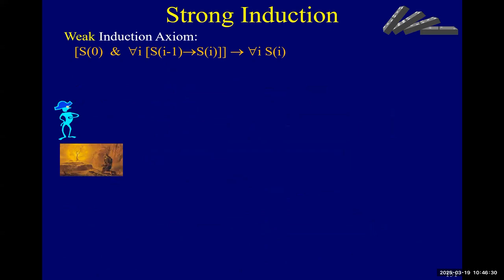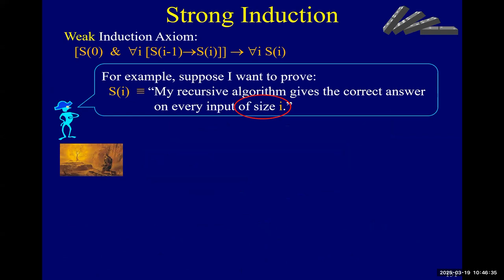All right. So that's weak induction. And what's the problem with weak induction? Is that if I want to prove that my recursive algorithm works for every input of size I, right?